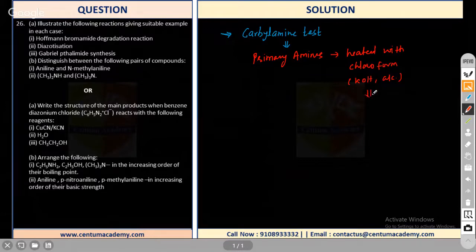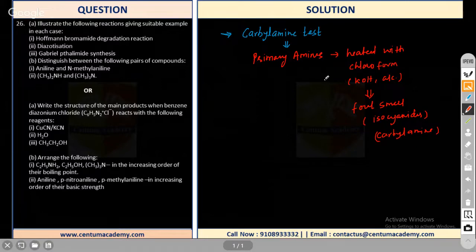This reaction gives you a foul smell, which confirms the formation of isocyanides. Because of this formation only, foul smell appears, right? So this isocyanide, which we also call carbylamine, is given by only primary amines.